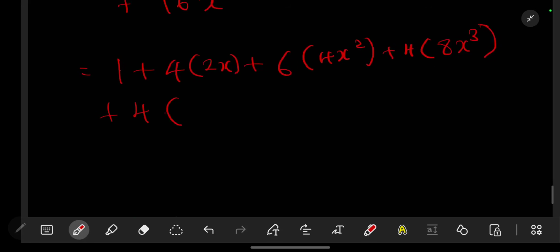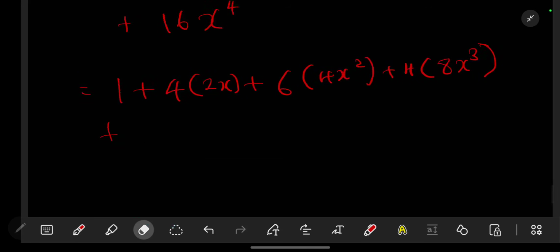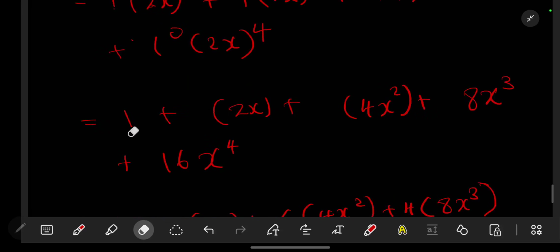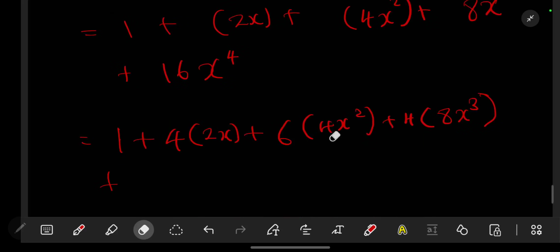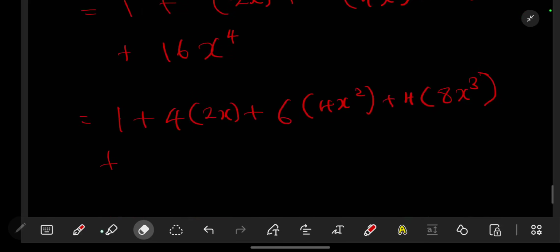Is it another 4 or a 1? Okay, how many terms are these? 1, 2, 3, 4, 5. Oh, it's just 1 4. Then the last one will be 1, so we have 1 by 16x to the power 4.